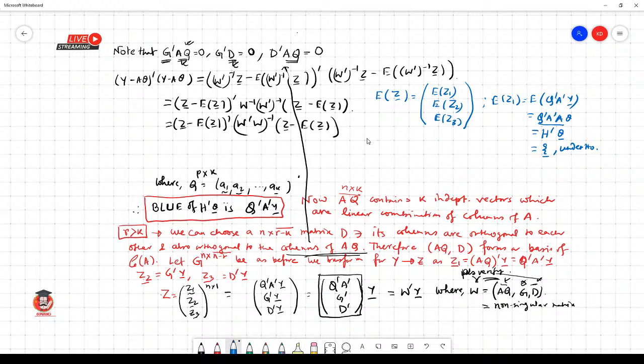And expectation of Z2, this is G prime expectation Y curl, G prime A theta curl equal to 0, and expectation Z3, D prime Y curl, D prime A theta curl.